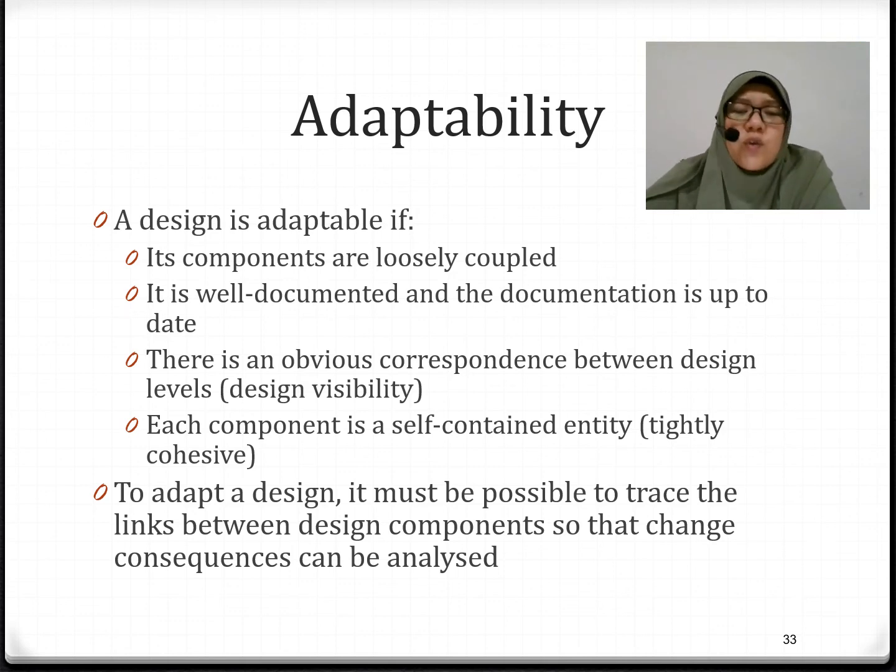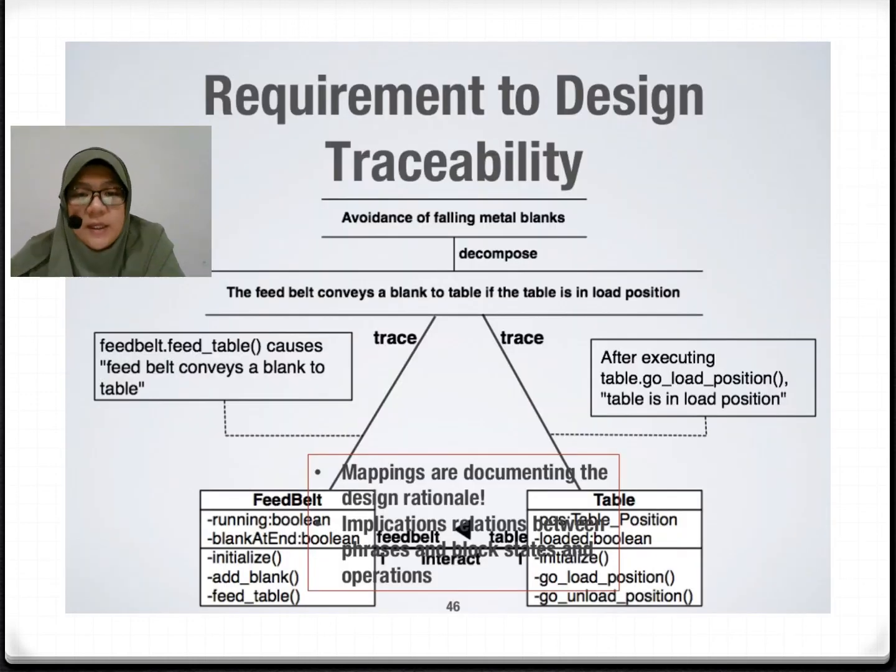You can trace it and find the links. So if you want to change anything, you can relate it to which part of the design and which part of the requirements. If you're changing a code, you can trace it back to which design and requirements may need to be changed as well.